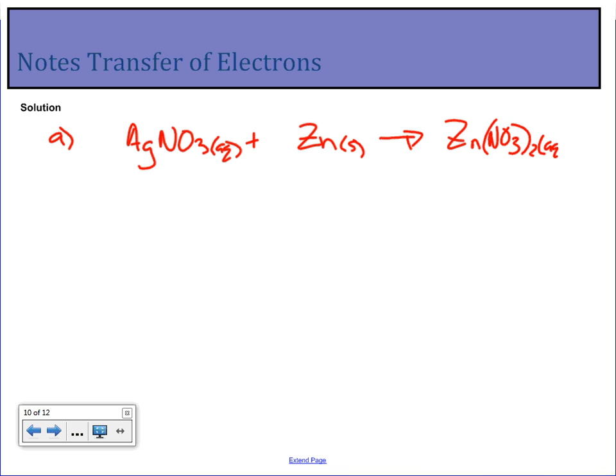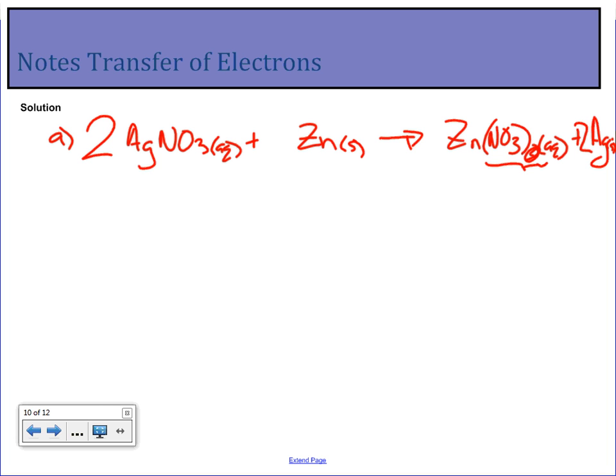This is aqueous because it's a solution, plus solid silver. Okay, so let's see here. What is not in balance? Well, to begin with, this is not in balance. Got 2 nitrates here. So that means that I will need 2 nitrates here. If I've got 2 nitrates here, then I need 2 silvers. So I need 2 silvers over here.